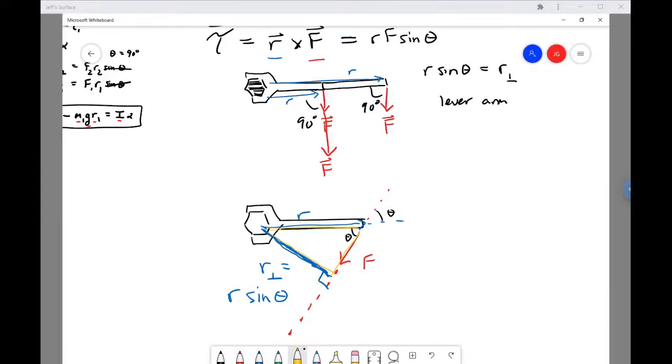So in other words, when it comes to torque, what this R sine theta business is telling you is that what matters is not the distance from the axis of rotation to where the force is applied, but the distance from the axis of rotation to that line along which the force is applied perpendicularly, the perpendicular distance. And so that's why torque is maximized if you make that angle 90 degrees. That's the angle that maximizes the lever arm.